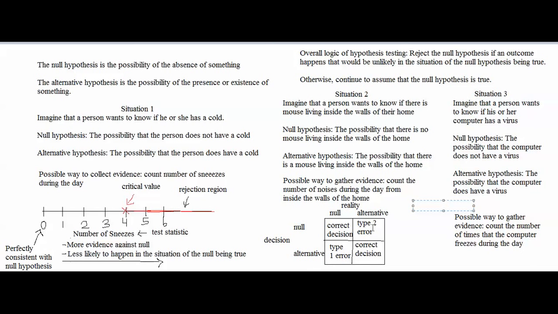A type 2 error is like letting a person who really is guilty go free, because in that situation, the alternative is true, meaning the person is guilty. There is guilt, but the jury has decided to stick with the null hypothesis and conclude that the person is innocent. That's a type 2 error.